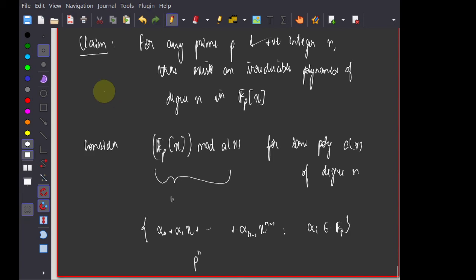So what this claim implies is that for every prime p and integer n, it is possible to construct a finite field of size p to the power n. Now, it turns out that these are the only possible finite fields.